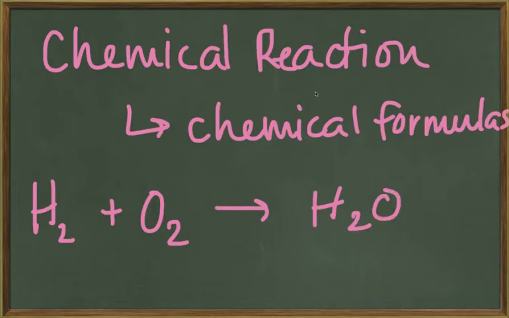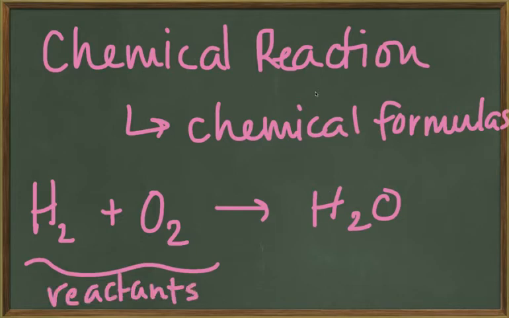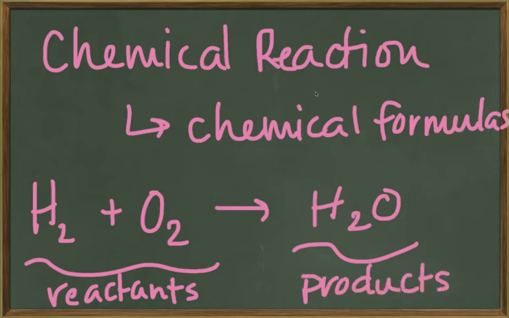Now, in a chemical reaction, I've got to be able to balance my chemical reaction. So what that means is my hydrogen's got to be equal on both sides, my oxygens have to be equal on both sides. Looking at this, on the left side, your reactant side, so these are your reactants. My oxygens, I have 2 of them, but on my product side, which is always the right side, I only have 1 oxygen. So I got to balance those out, and I do that by adding a big number in front of the whole chemical formula for water.